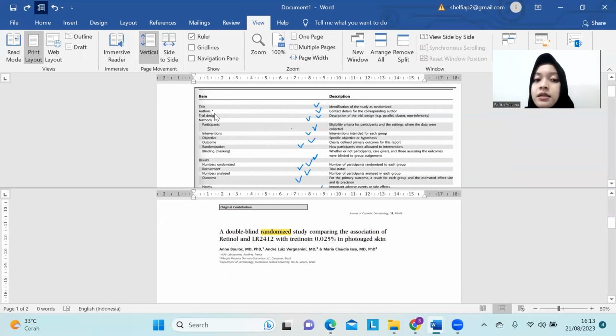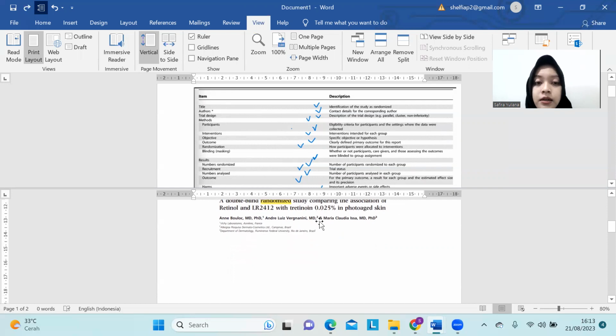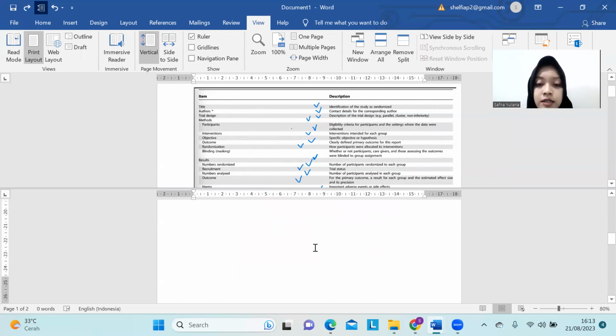And the next is the authors. The authors item is the contact details for the corresponding author, and the author is in here.